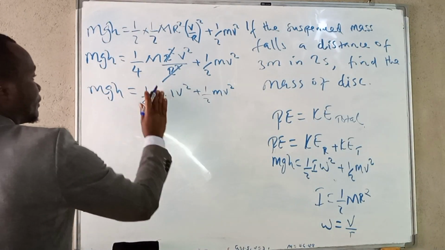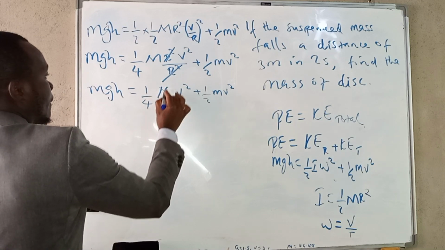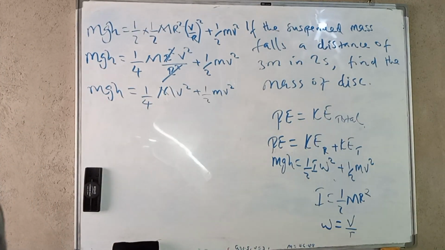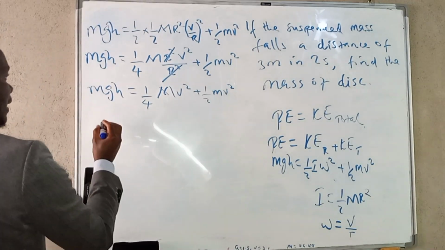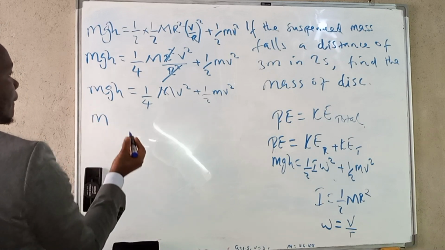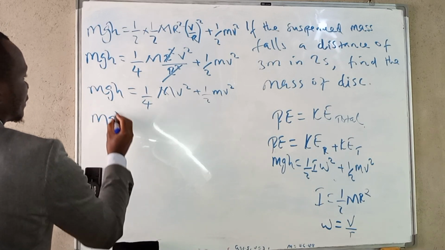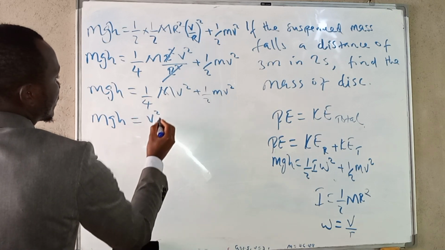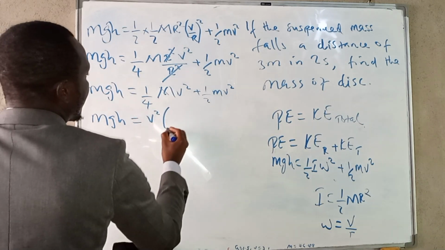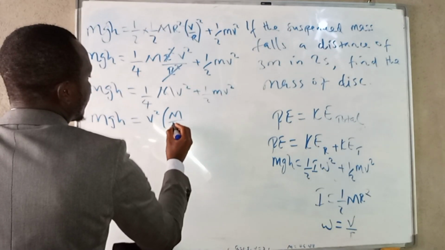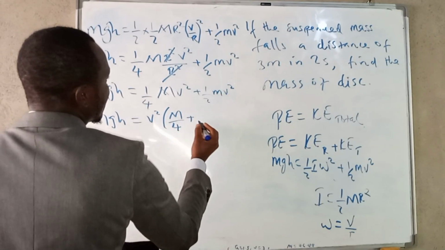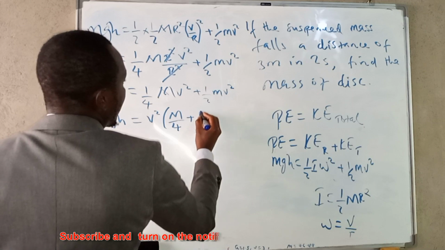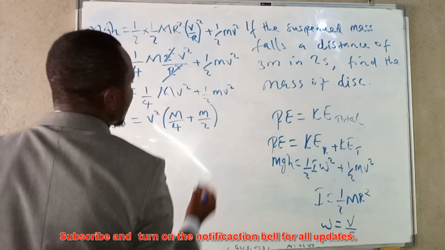From this, v squared is common, so you can factor it out. mgh is equal to v squared times (M over 4 plus m over 2).